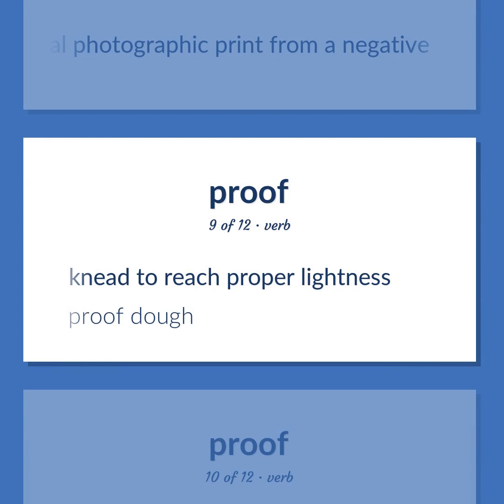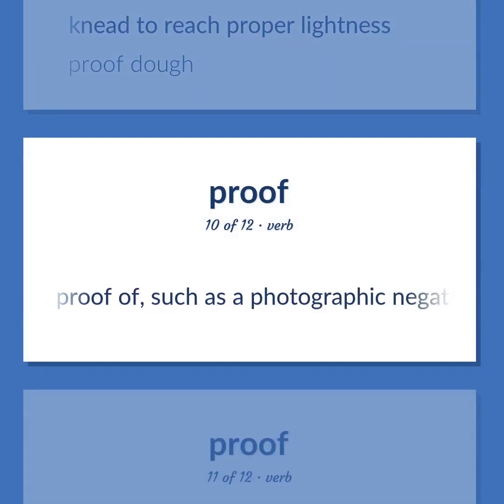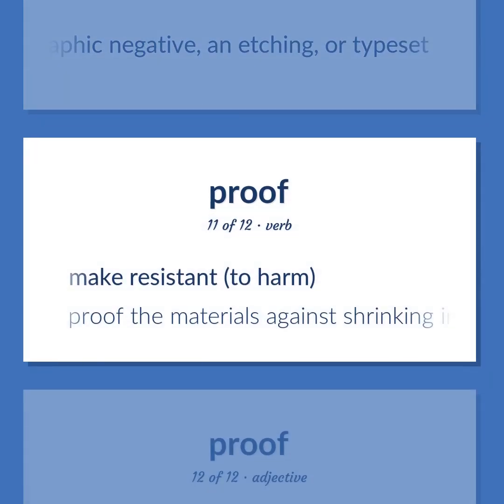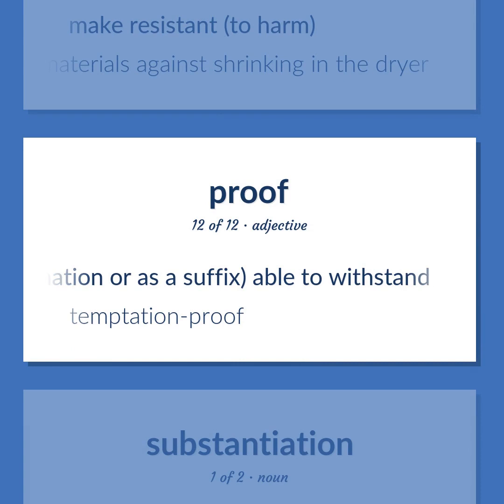Proof dough. Make or take a proof of, such as a photographic negative, an etching, or typeset. Make resistant to harm. Proof the materials against shrinking in the dryer. Used in combination or as a suffix, able to withstand. Temptation proof.